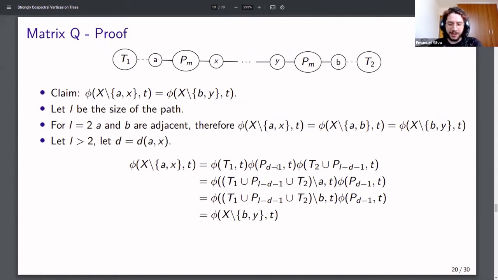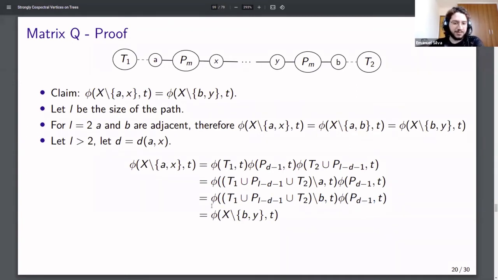Since the multiplication is associative, we can pass this term to the end and realize that this product is actually equal to phi of T1 union a path of smaller length union T2, but after removing vertex A. Since A and B are cospectral in this smaller graph, we can replace here A by B, and we can realize that this product is actually equal to phi of X minus BY.